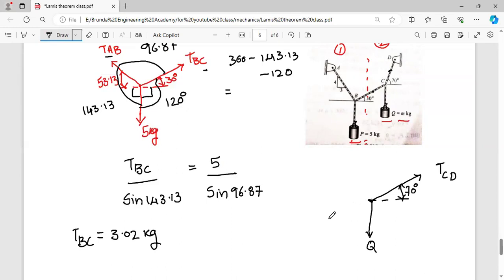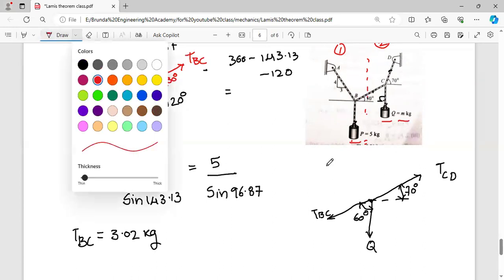Next, coming to TBC, here it is 30 degrees, it is 90 degrees, 90 plus 30, 120. So the remaining angle here with the vertical is 60 degrees. If you observe this right angle triangle, 30 plus 90, 120, the remaining angle is 60 degrees. In this way we can identify the angles.